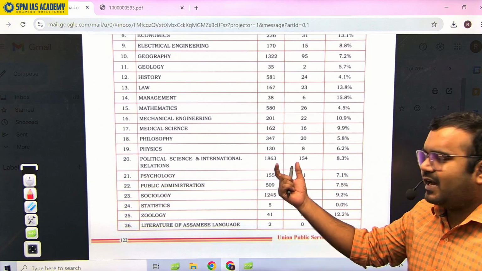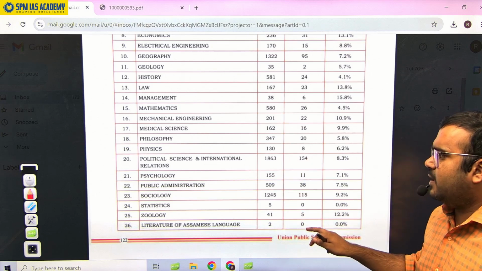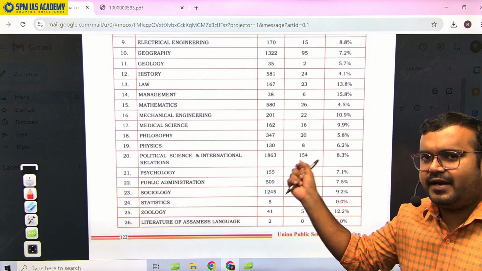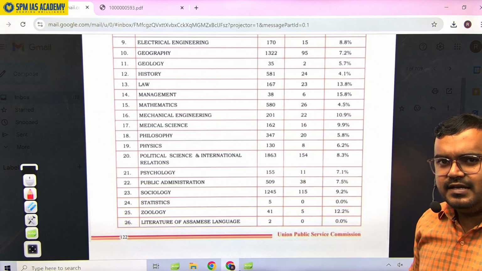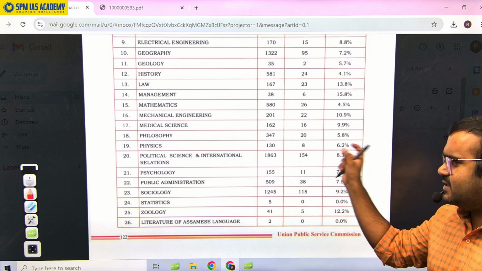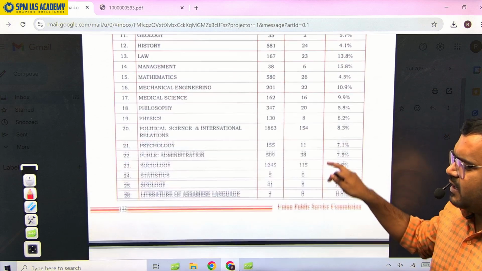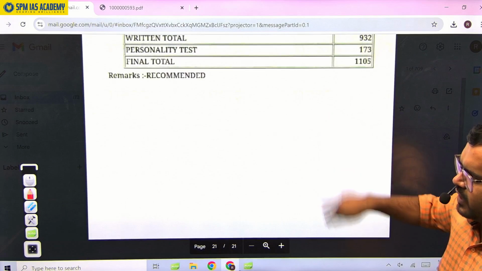As per the 72nd annual report of UPSC, somewhere around 1863 students appeared with political science as an optional, and 154 got final selection, and that percentage comes to around 8.3. So this is available for most of the subjects everywhere.